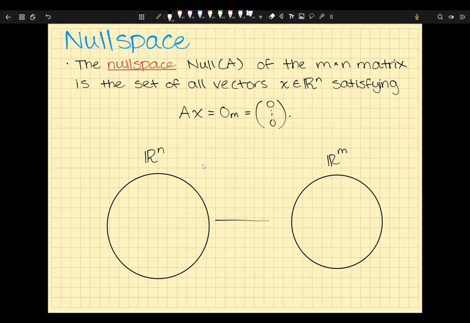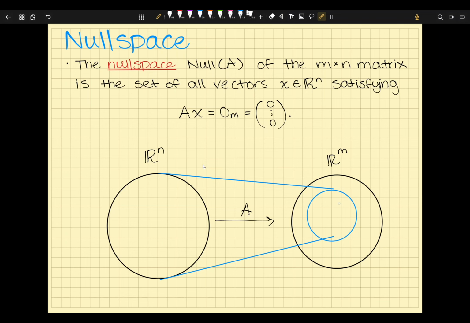So we map these vectors under A. And first, let's draw out the space where A maps to. So A is going to map every vector in Rn to some vector in Rm.